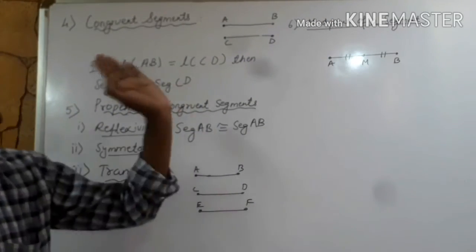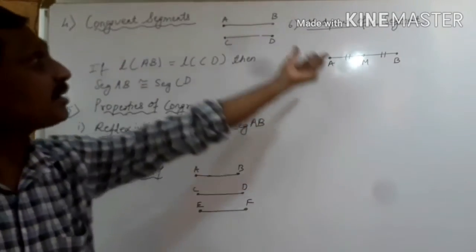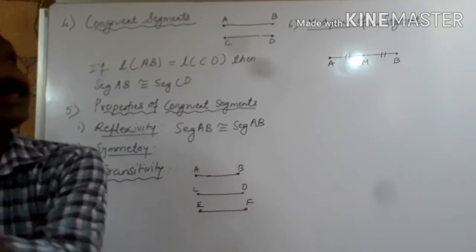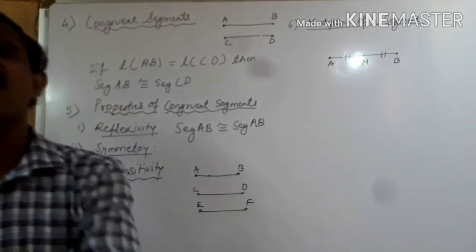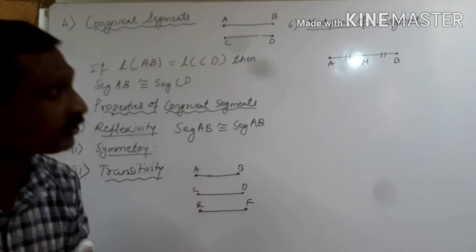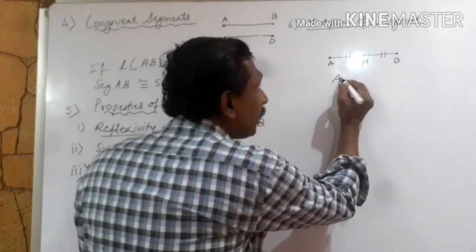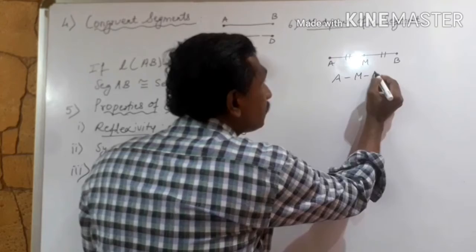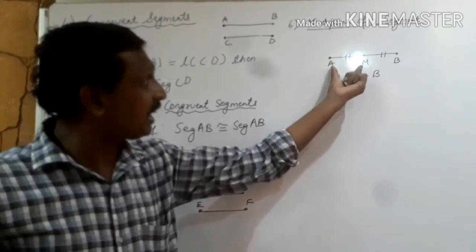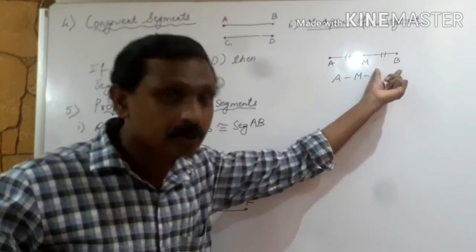If A-M-B and segment AM is congruent to segment MB, then M is called the midpoint of segment AB. A-M-B tells you that M is between A and B, and AM is congruent to MB.